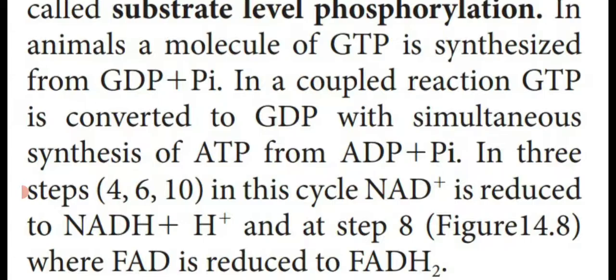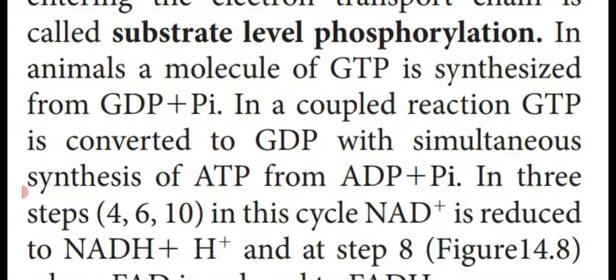This takes place in plants, but in animals, a molecule of GTP, guanosine triphosphate, is synthesized from guanosine diphosphate with inorganic phosphate. In a couple of reactions, GTP is converted into GDP with simultaneous synthesis of ATP from ADP and inorganic phosphate.